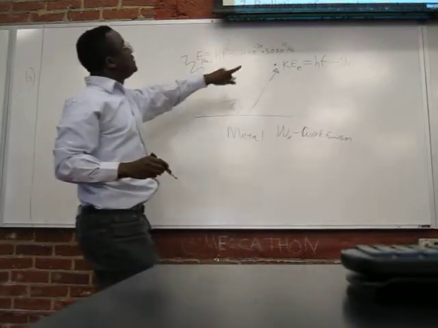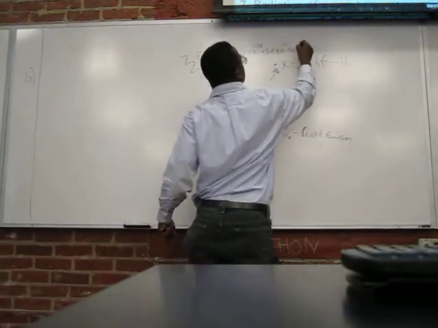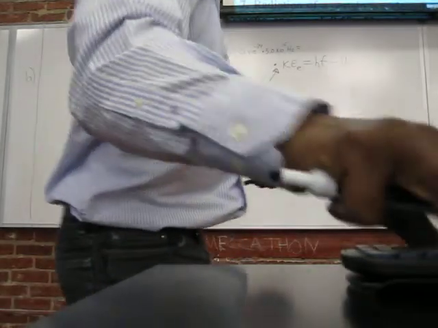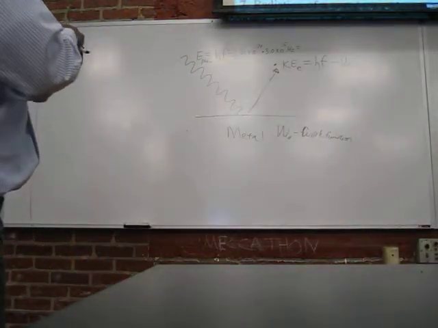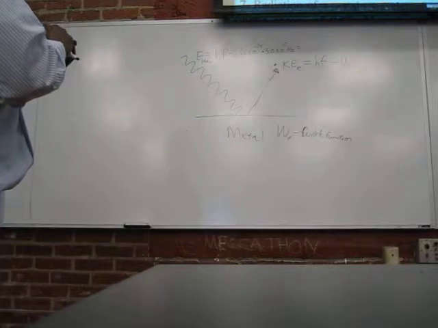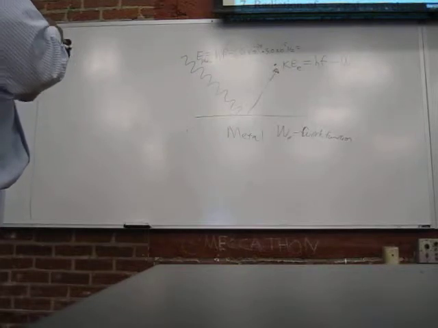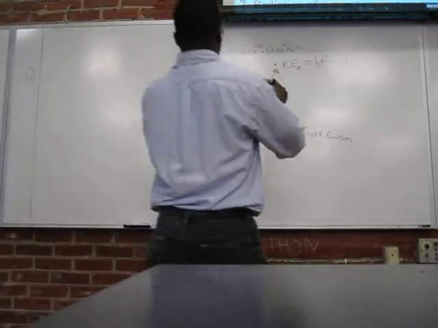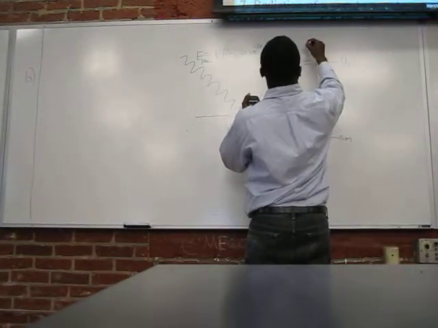So this is all the energy we have to work with, whatever that multiplies out to be. 3 times 10 to the 15 times 6.63 times 10 to the negative 34. This turns out to be 19.